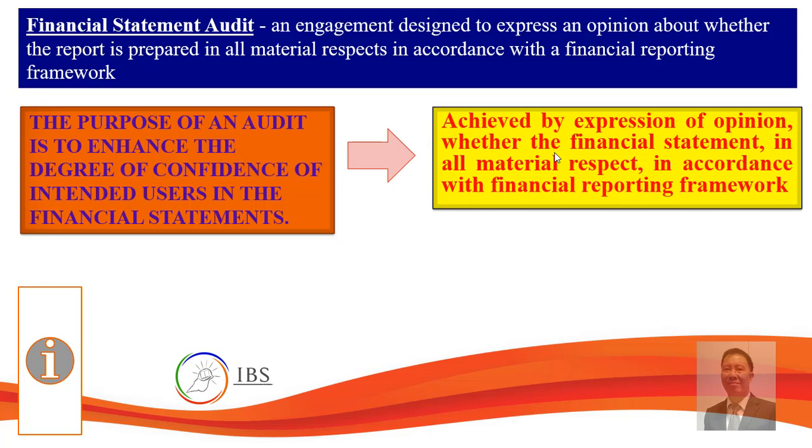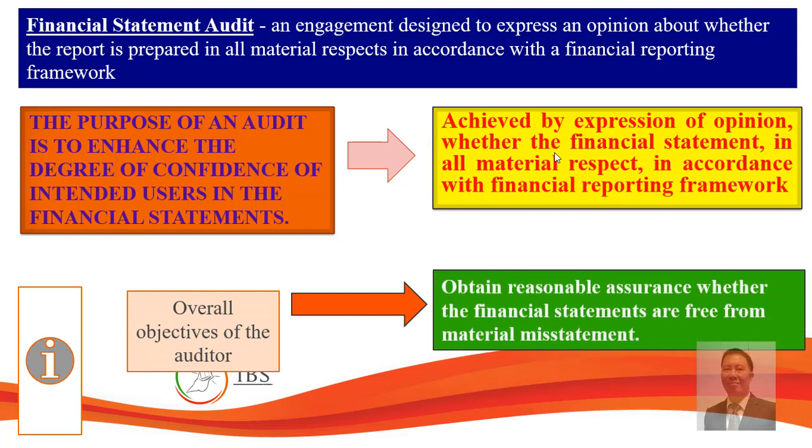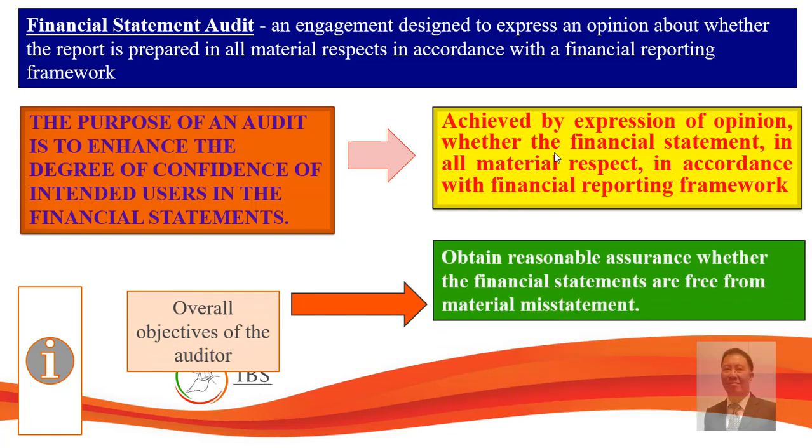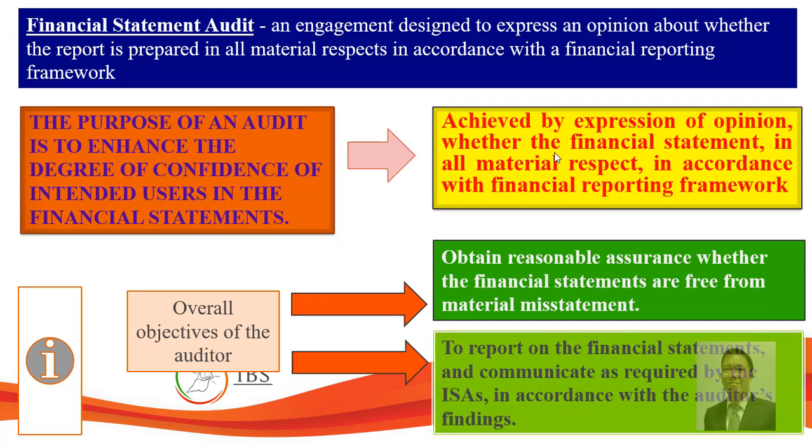That is the internationally recognized financial accounting standards, which is used by the responsible party in preparing the report. So the overall objectives of the auditor is to obtain reasonable assurance that the financial statements are free from material misstatements, and to report on financial statements and communicate as required by the International Standards on Auditing in accordance with the auditor's findings.